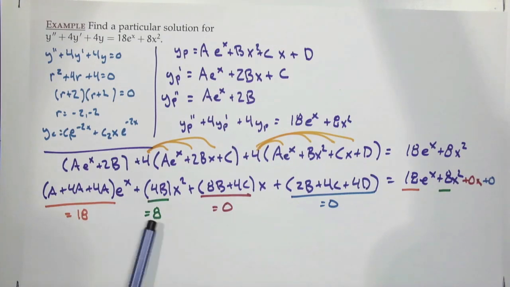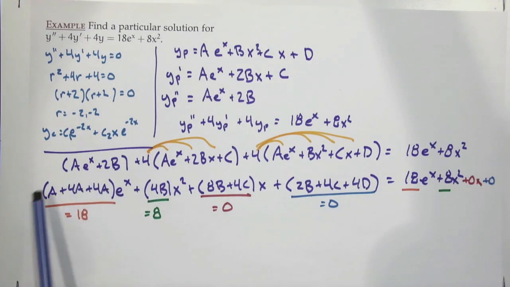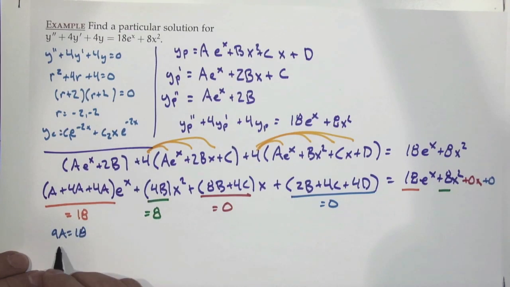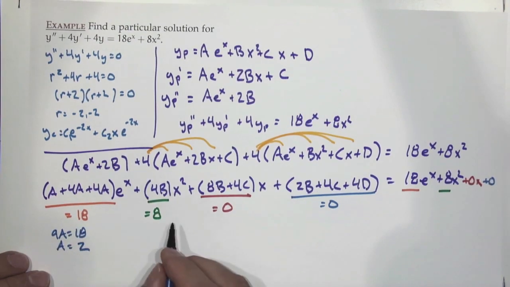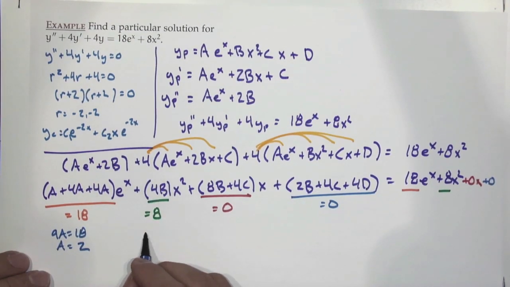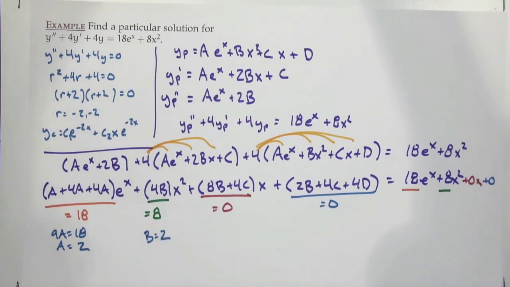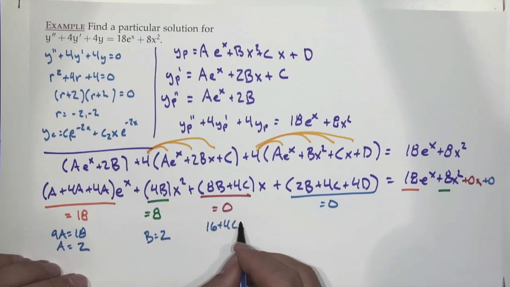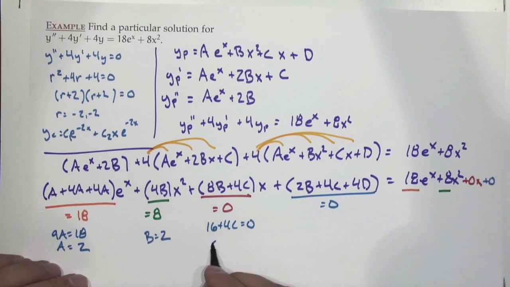So now we have our system of equations. We actually have 4 equations for 4 unknowns, but it's not that bad. So for example, what does this first equation tell us? 9a is 18, so a equals 2. 4b equals 8, so b equals 2, not 3. 8b plus 4c equals 0. Well, we know b equals 2. 16 plus 4c equals 0. So what is c?